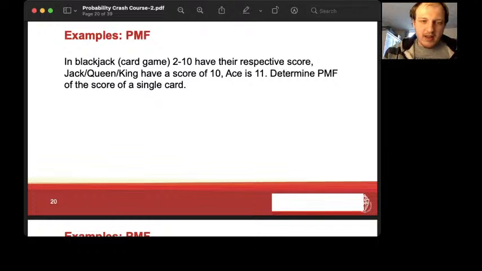Now we have a random variable that represents the value of the next card that you're going to draw, and you have to determine the probability mass function of the score. How would you do that? Maybe spend some time thinking about it. It should be a trivial example.